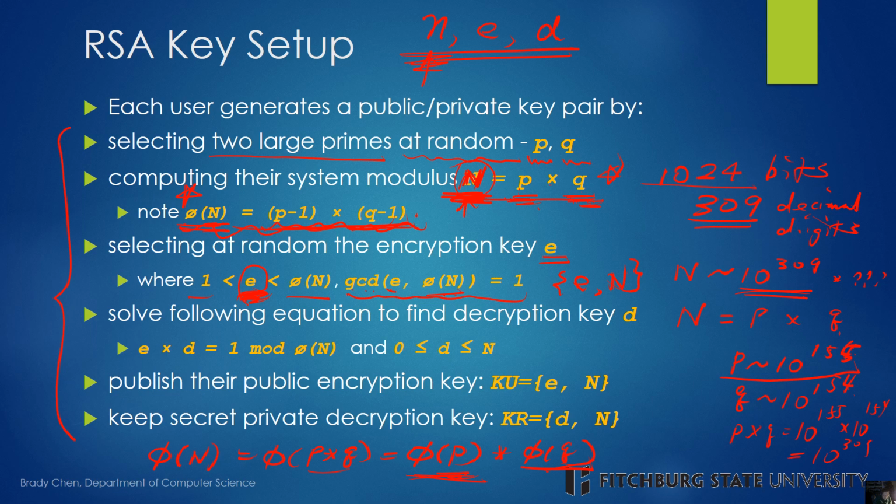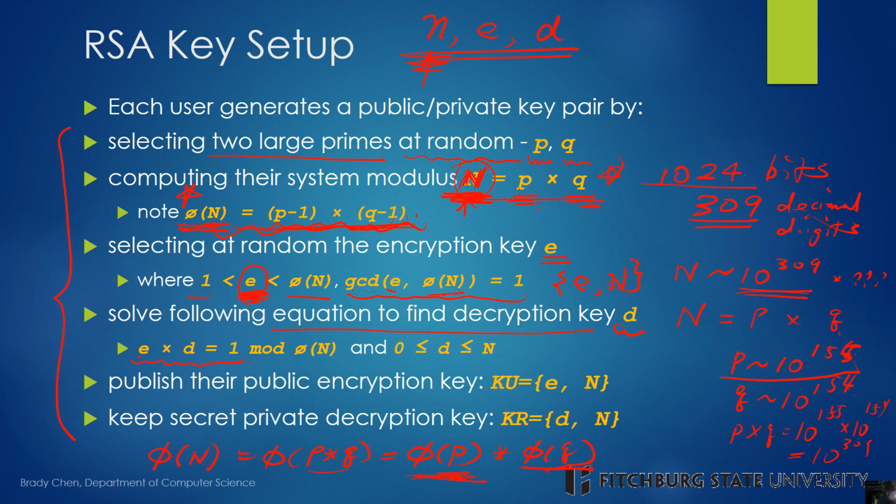Now the next step is to solve the following equation. We're going to find an integer d such that E times d is 1 modulo phi of n.